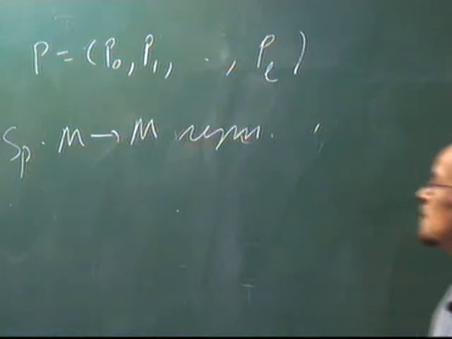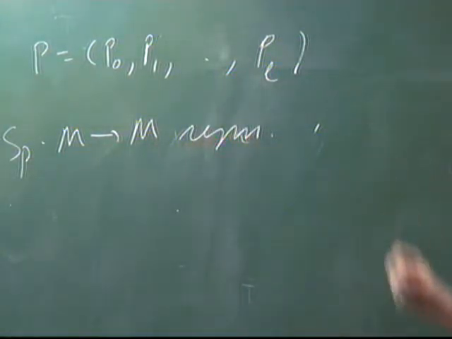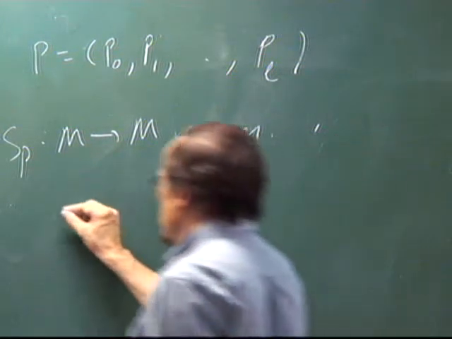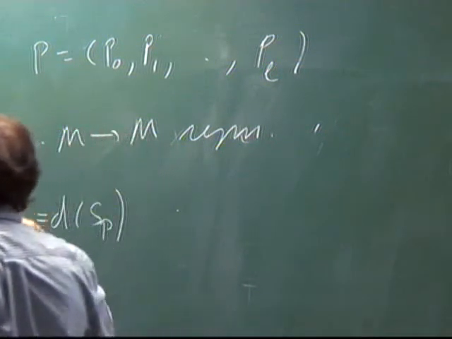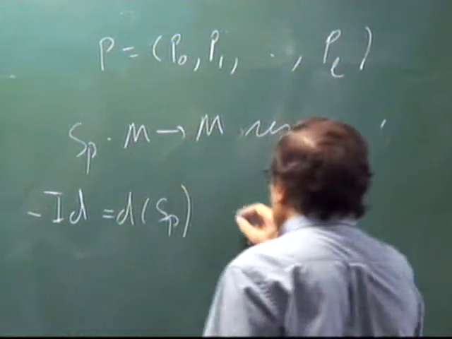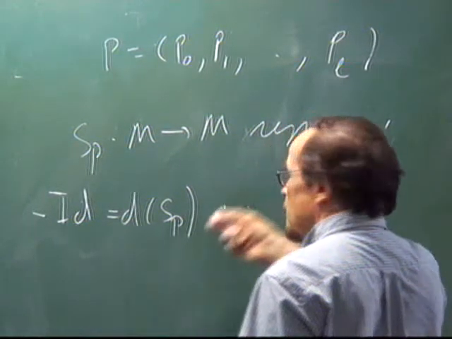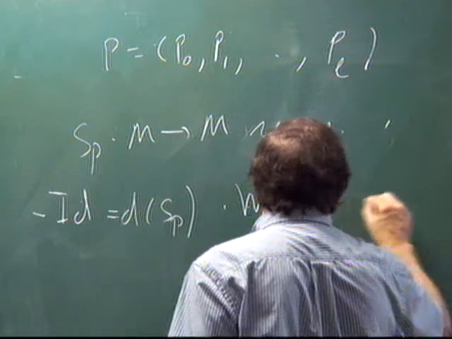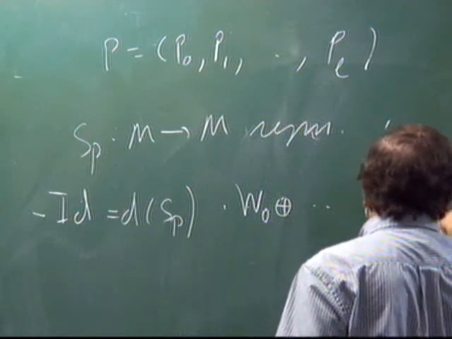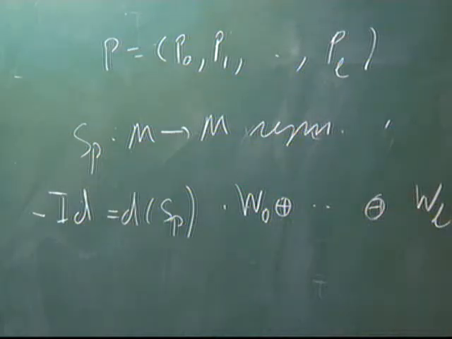This is my symmetry. And now I claim that if I look at the derivative of the symmetry at the point P, that is minus my identity. I now look at this as acting on W0 plus up to Wl. This, of course, preserves the W_i's.